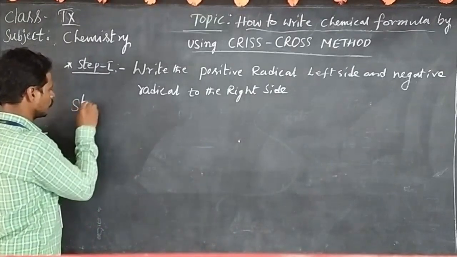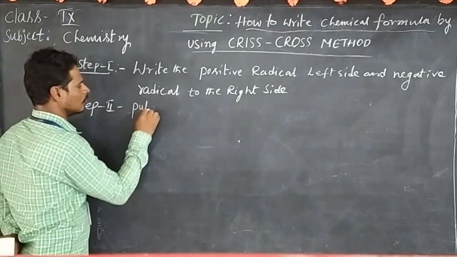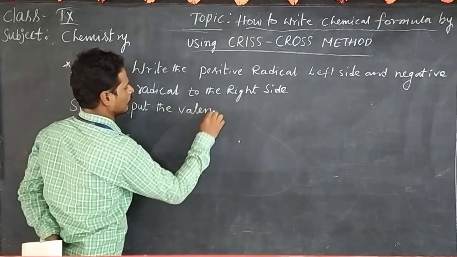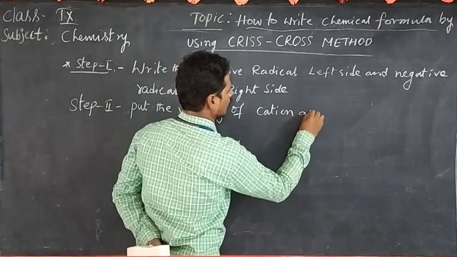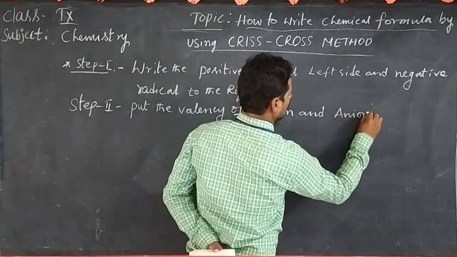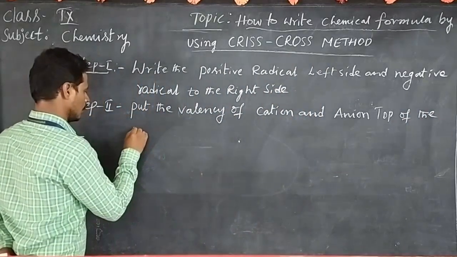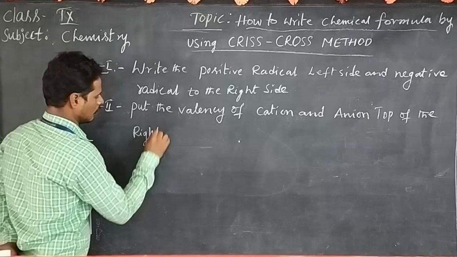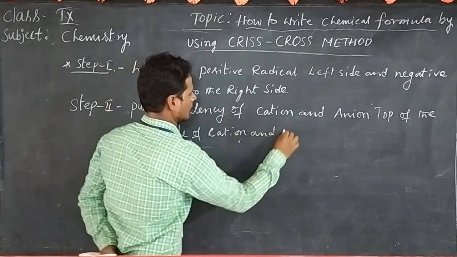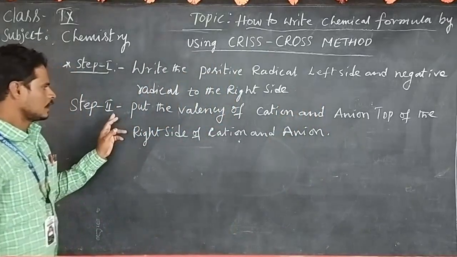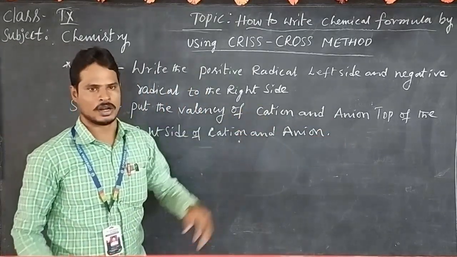Then step 2. Put the valency of cation and anion on the top right side of the cation and anion.